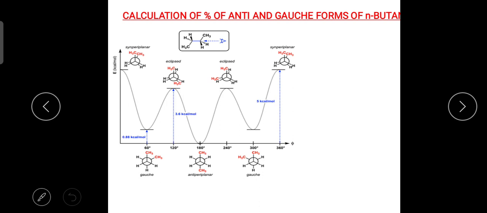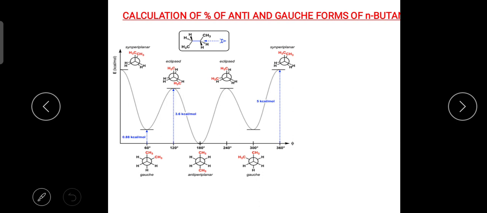Next is the calculation of the percentage of anti and gauche forms of n-butane. You can find from this energy profile diagram that the anti form is more stable than the gauche form, and we discussed this in the former slides. So this anti conformer is more stable than the gauche conformer due to steric repulsion.